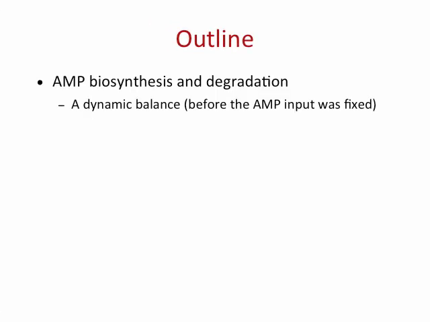So the outline of this lecture is as follows. We are going to look at the pathways that synthesize and degrade AMP. In the previous model, the input of AMP was fixed at a constant, was a forcing function, as forcing functions were introduced in chapter 6.